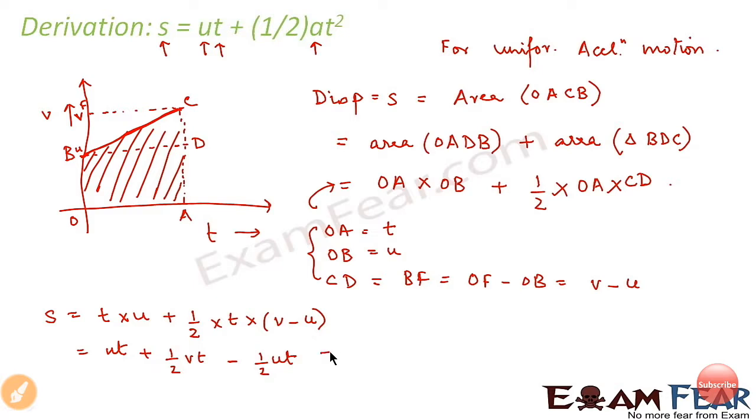So now we can write this as UT plus half V minus U into T. From the definition of acceleration, we know that acceleration is equal to V minus U by T, that is the change in velocity by time taken.